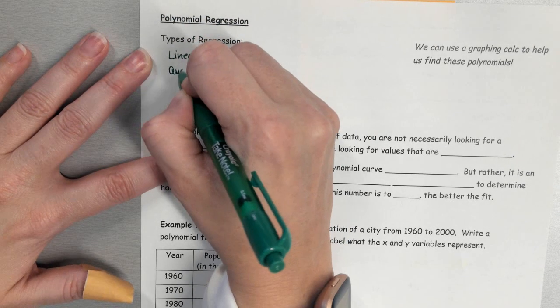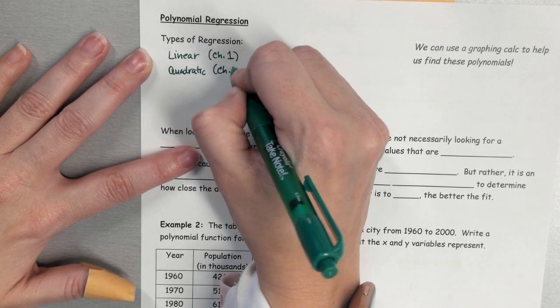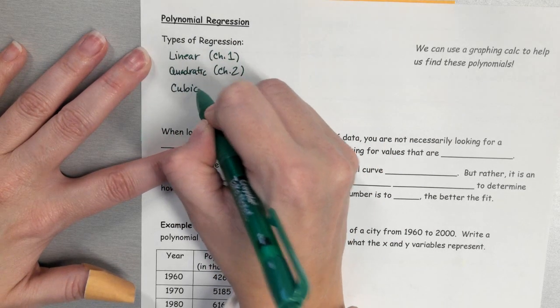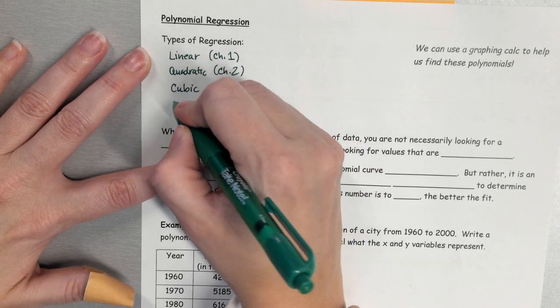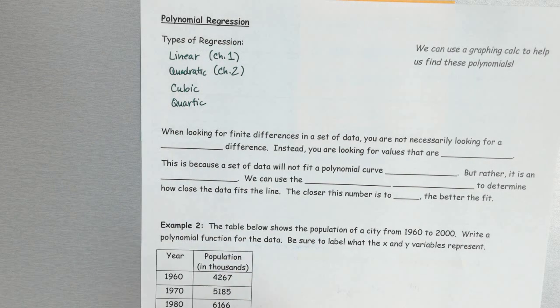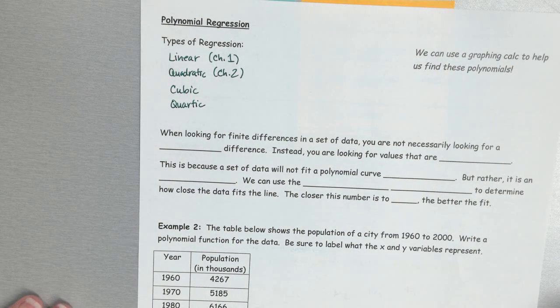We've done quadratic regression, that's in chapter 2, and now we're adding cubic regression and quartic regression. We're adding a couple more to the mix, okay?